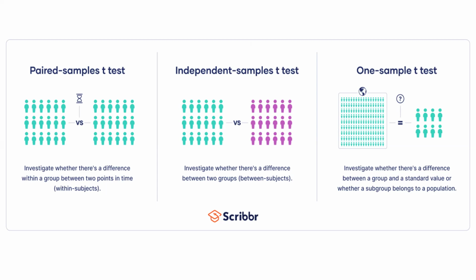And then in the case of the one sample t-test, we are comparing the mean of a particular sample with a standard value. Let's say the average milk provided by a particular company is 20.